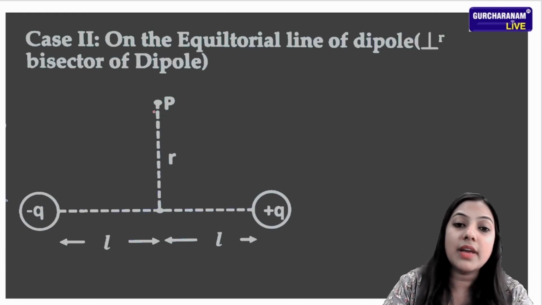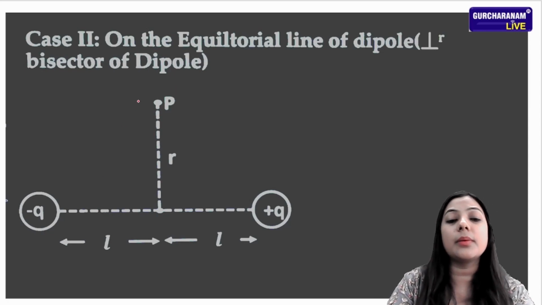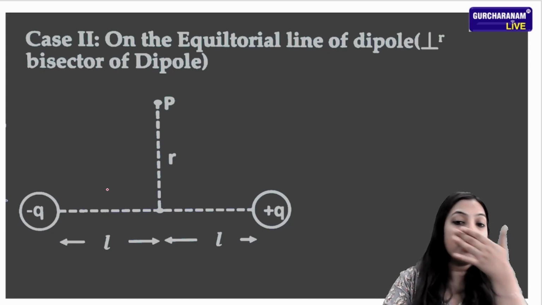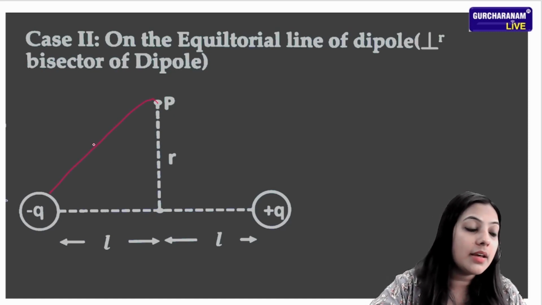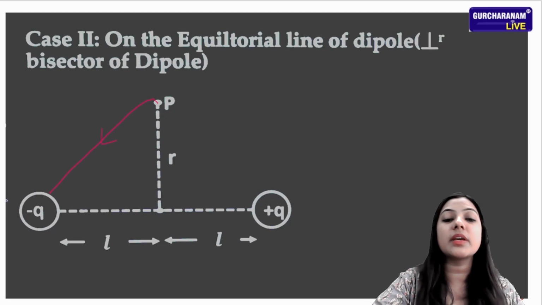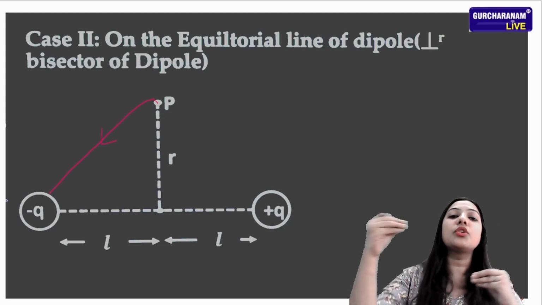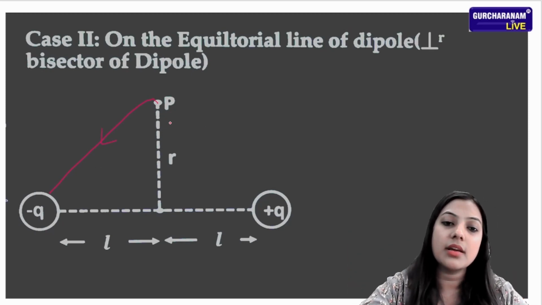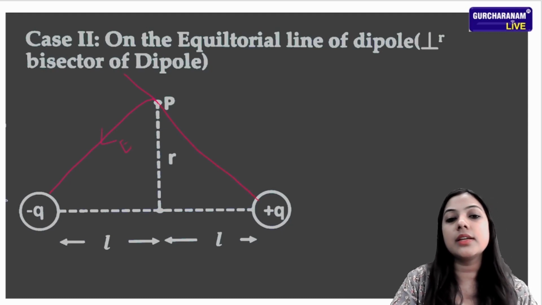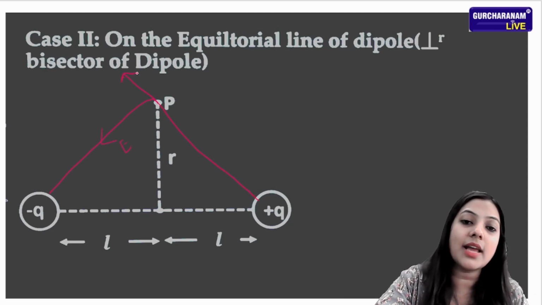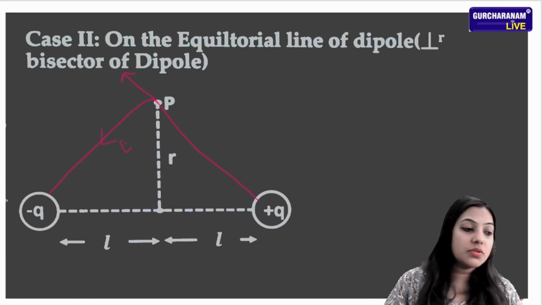What we have to do is find the electric field at point P due to minus q charge and due to plus q charge. Due to the negative charge, the electric field at point P is in this direction, towards the negative charge. Due to plus q charge, it is in this direction, that means away from the positive charge.